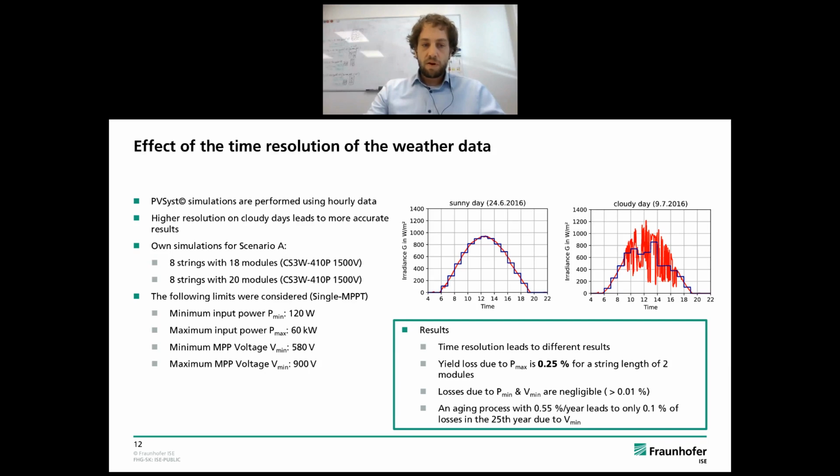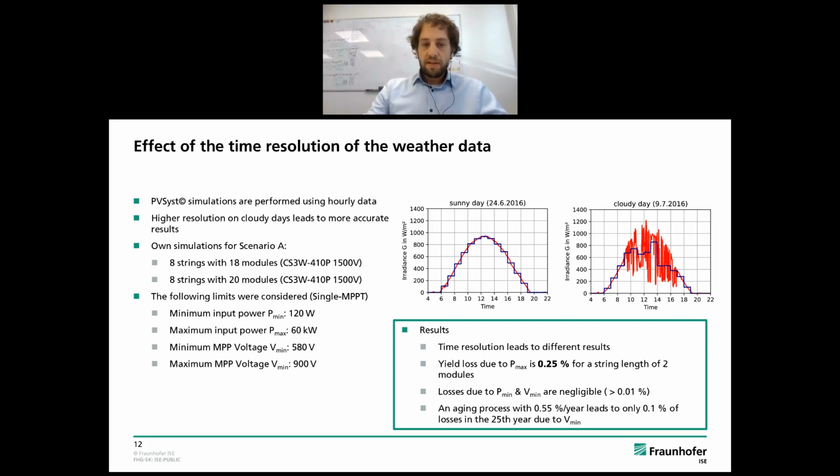So one of the limits is the minimum power of the inverter, the other one the maximum power, the minimum voltage of the MPP voltage, and the maximum voltage of the MPP voltage. And we saw that the time resolution leads to different results. So what you would expect from the graphs above is represented by the results that we got.